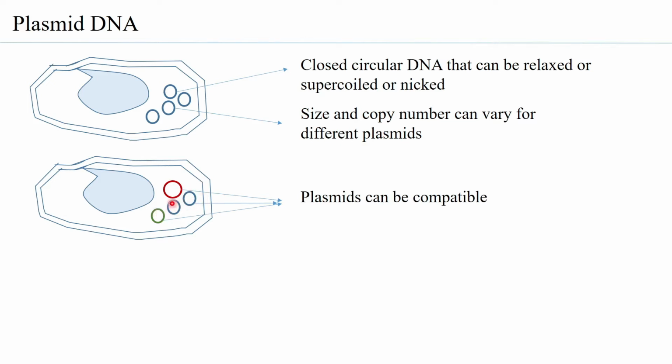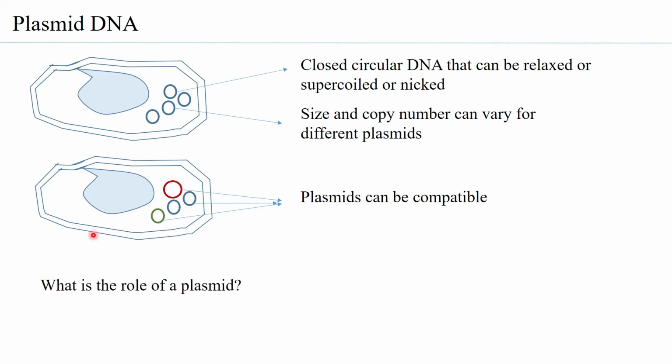If plasmids are not compatible, then one or two plasmids will be completely lost from the bacteria. Therefore, compatibility determines how many plasmids can coexist with each other.